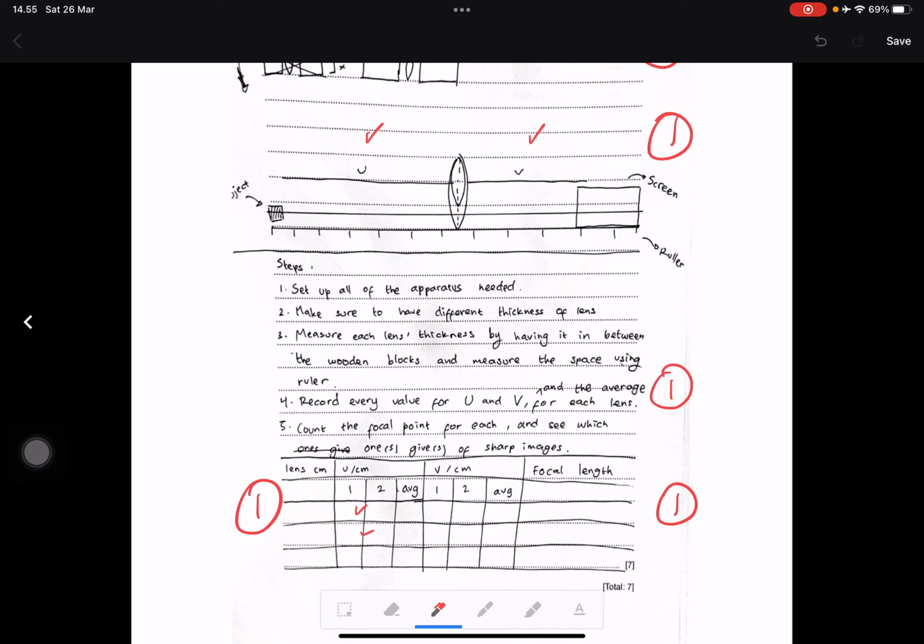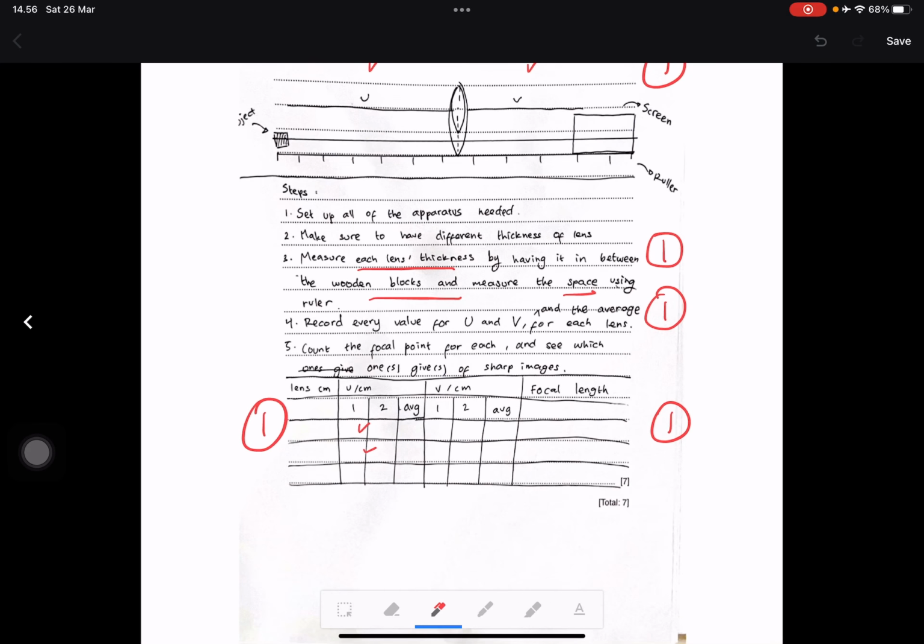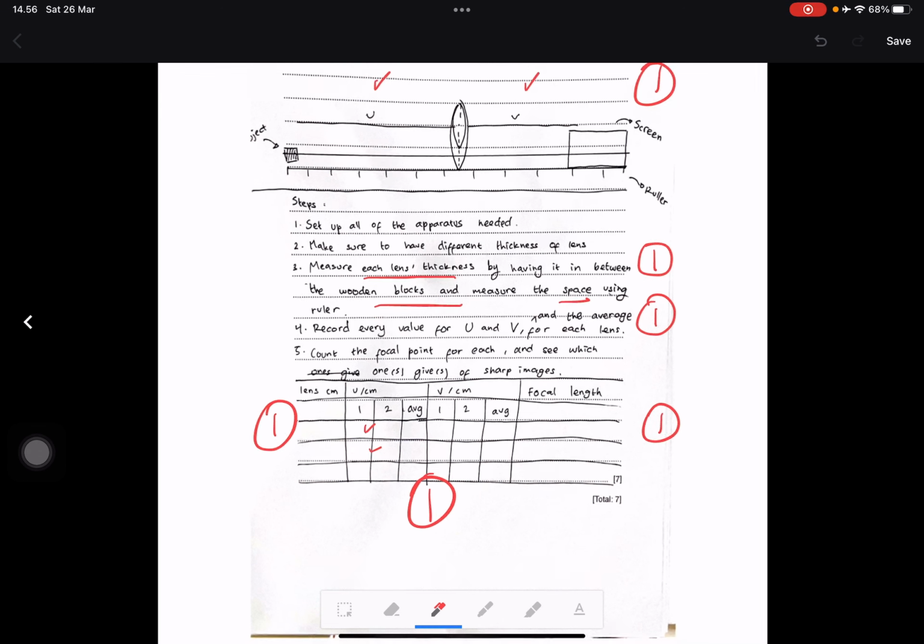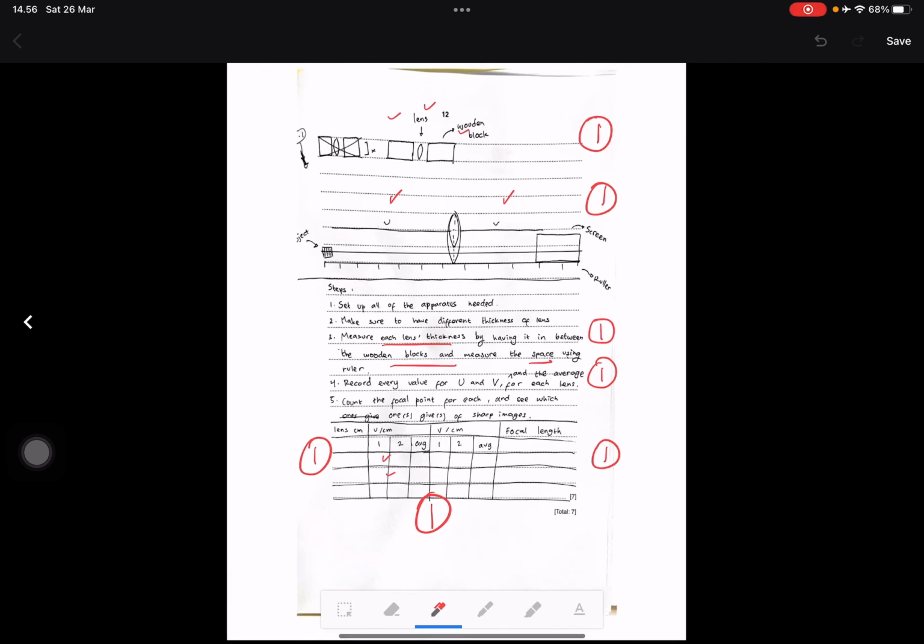Method obtaining a sharp image by moving the lens or screen. They get 1 mark also. Table with columns u, v, yes, the table is also 1. So the total mark is 7. Yeah, they get 7 marks.